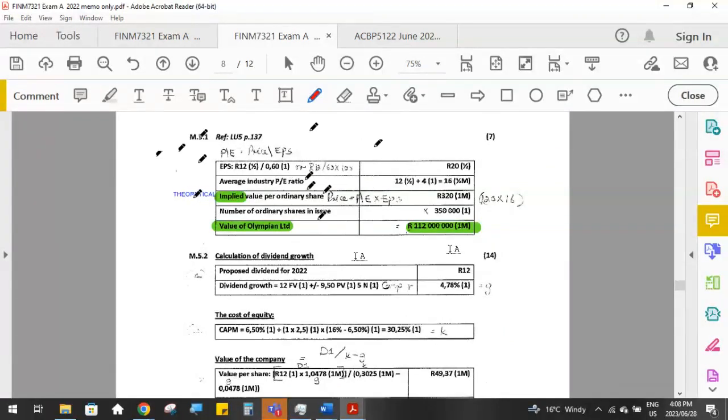You can see here, and this is what you must do in the exams to some extent, you must write down that this is the EPS you are working. So you're saying EPS equals, and then the workings, 12 divided by 0.6 equals 20.